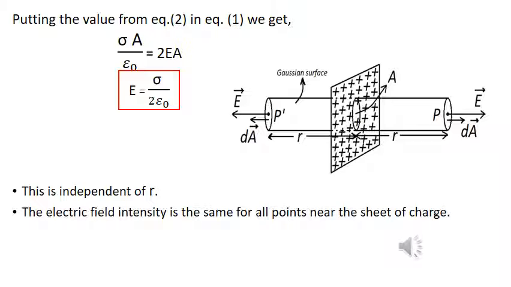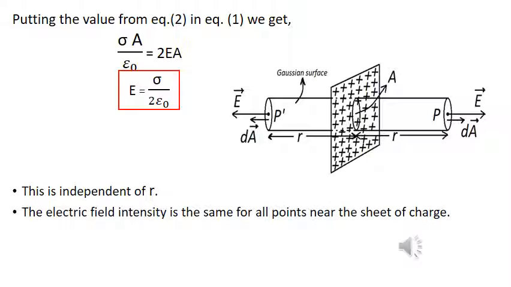By putting the value from equation 2 in equation 1, we get sigma A upon epsilon naught is equal to 2 into EA. By cross multiplying, we get the final expression of electric field intensity at a point near the plane sheet: E is equal to sigma by 2 epsilon naught.